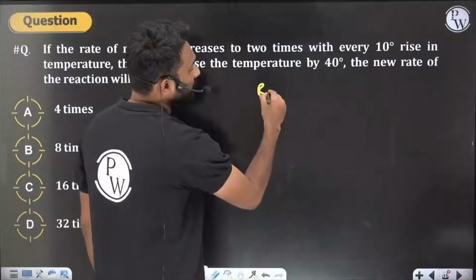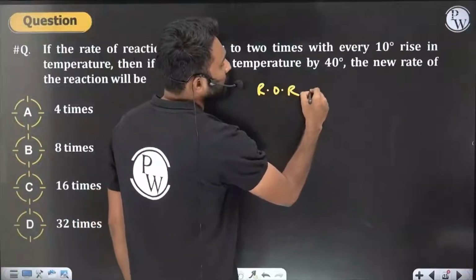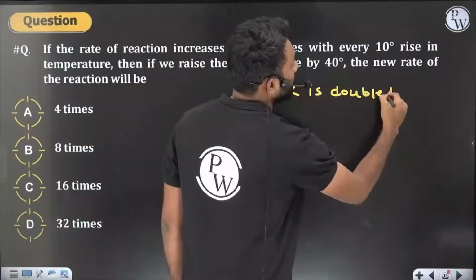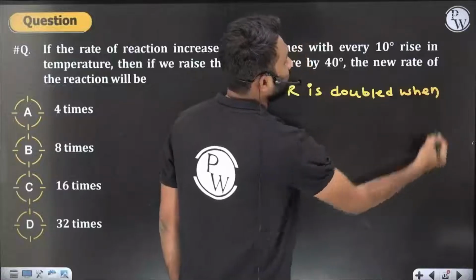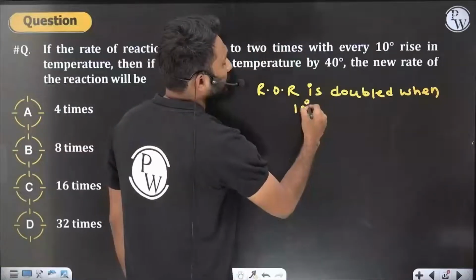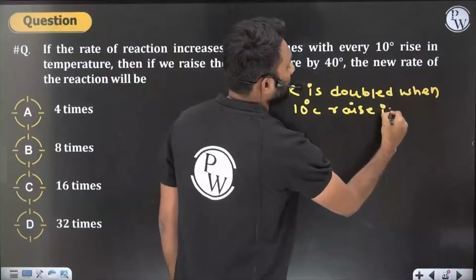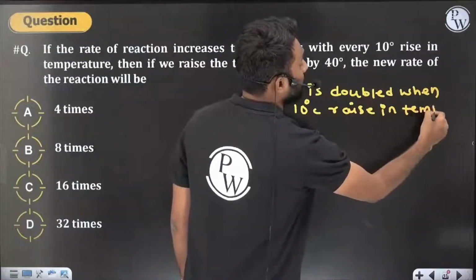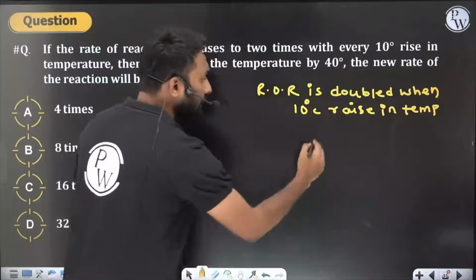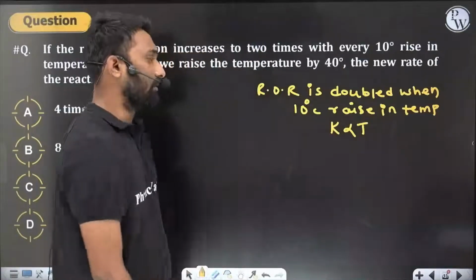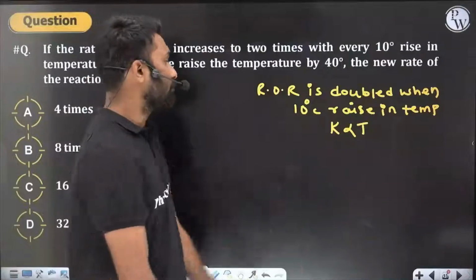Rate of reaction is doubled when there is a 10 degree raise in temperature. Means here rate constant is directly proportional to the temperature.